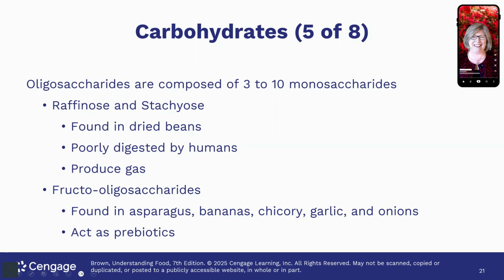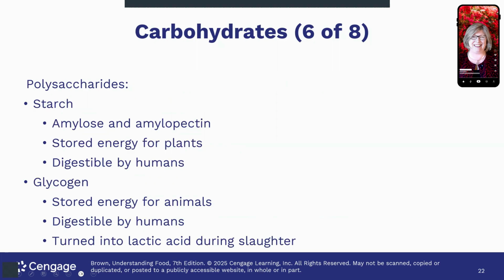Okay. And then you have fructooligosaccharides. These are found in asparagus, bananas, chicory, garlic, and onions, which act as prebiotics. Your polysaccharides, we're talking longer chain here, would be starch and glycogen.